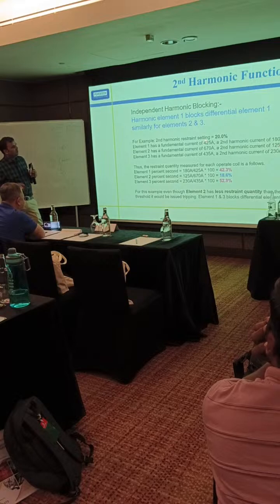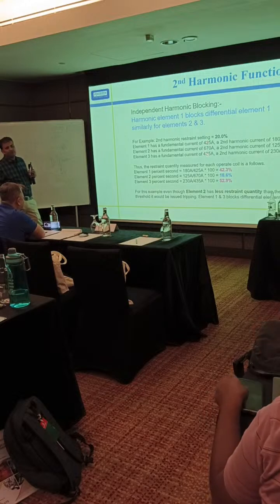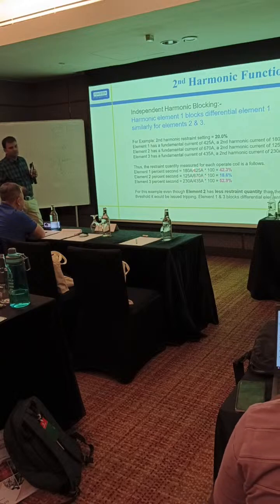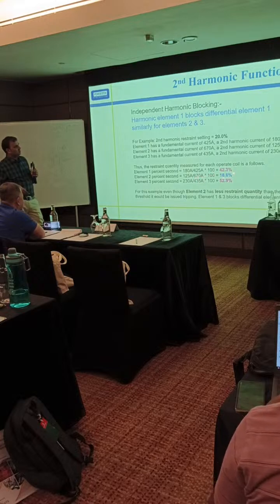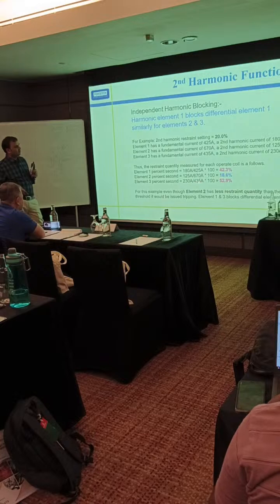Although if it is the transformer, then all windings should have the same current rating, and we should have taken the same reference here. But we are taking the fundamental current reference. So here 125 divided by 670 ampere, so it is 18.6%. And in element 3, there is 230 divided by 435.